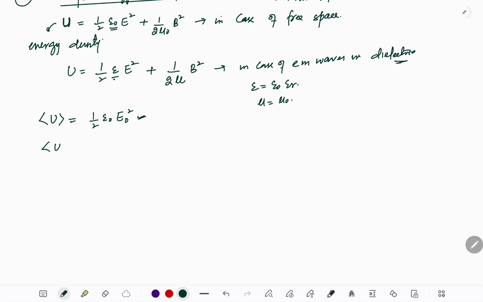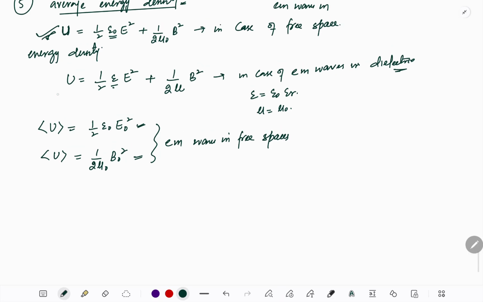Or in terms of magnetic field, 1/(2 mu 0) B naught squared. This was in terms of B naught. Now this is for the EM waves in free space. If you haven't watched my previous videos, just go and have a look how I derived all these things in detail.